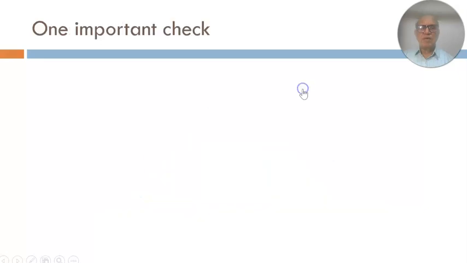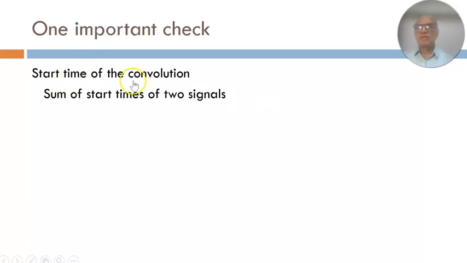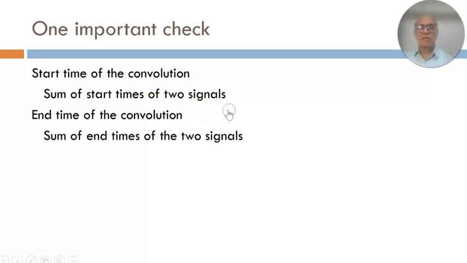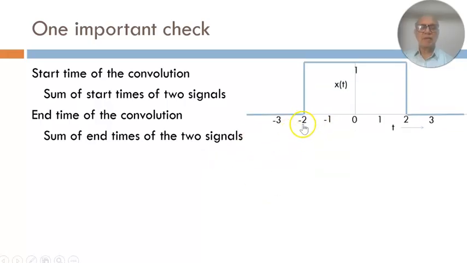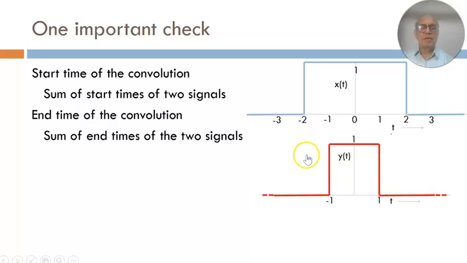Now there is one important check that you can do after performing the convolution. The start time of the convolution is the sum of the start times of the two signals, and the end time of the convolution is the sum of the end times of the two signals. For example, in this case, the start time of x(t) is minus 2 and the start time of y(t) is minus 1.